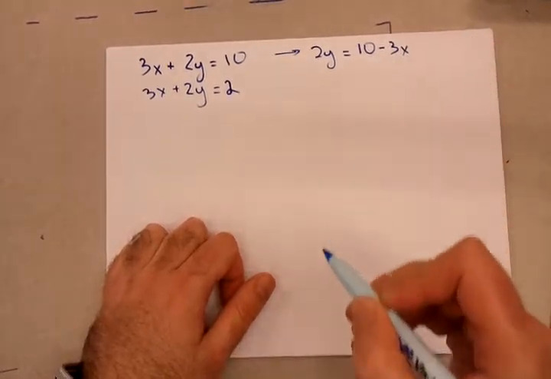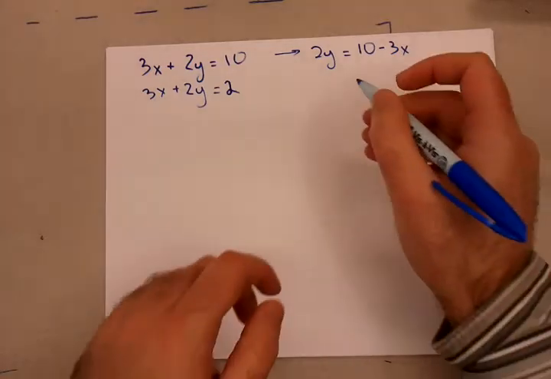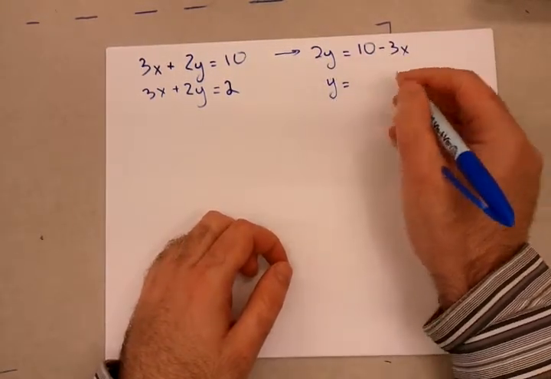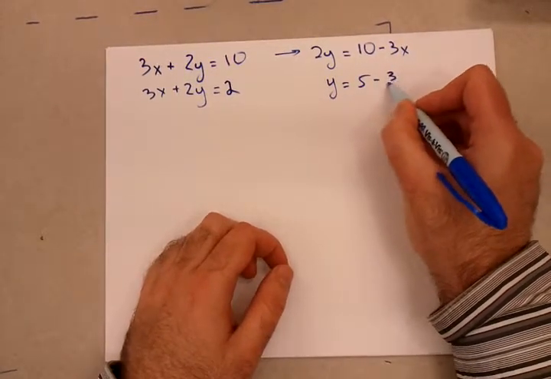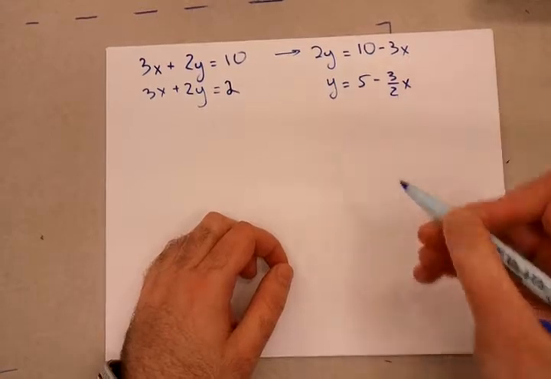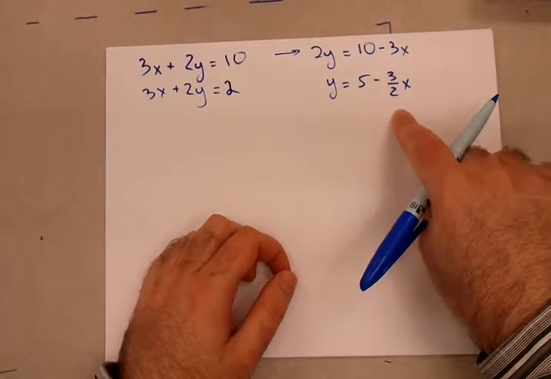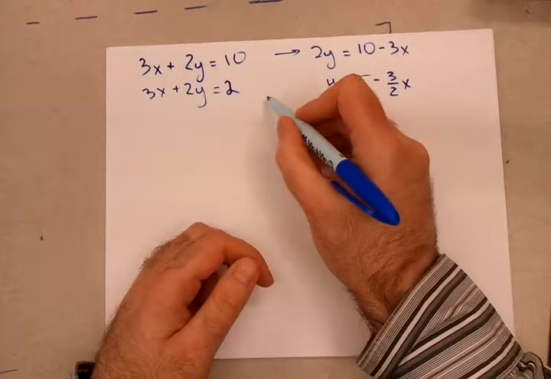Then I'm going to divide both sides by 2 to get rid of that 2 here. And 10 divided by 2 is 5 minus 3 over 2 x. Okay, slope-intercept form, with the negative 3 over 2 being the slope and the 5 being the y-intercept.